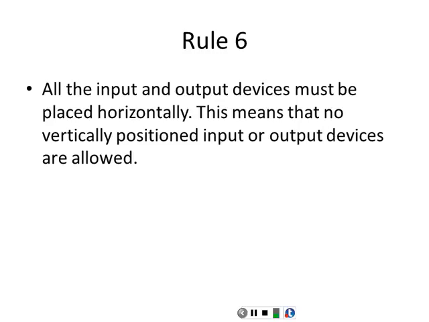So, if you look on page, I saw one of these a minute ago. If you look on page 94 at the bottom, they have a switch 3 that they have put in there vertically, and that's not allowed.